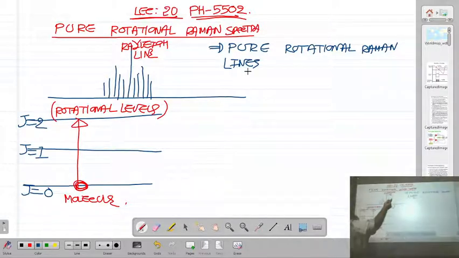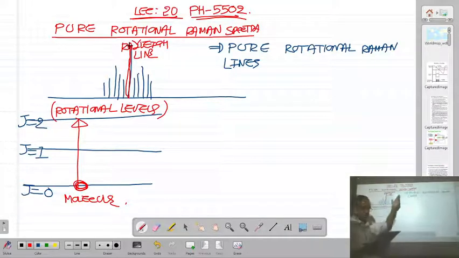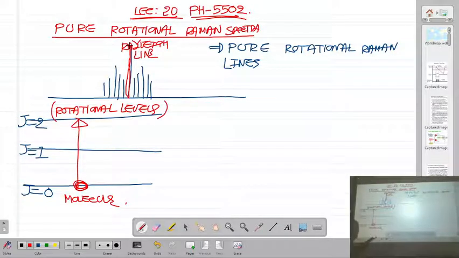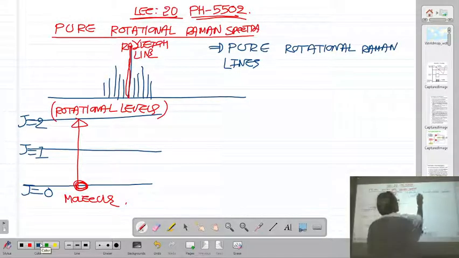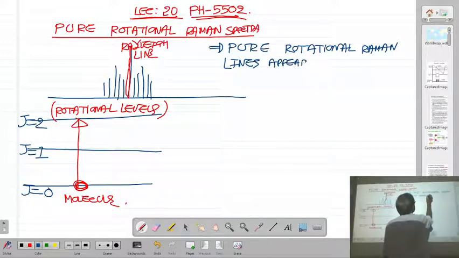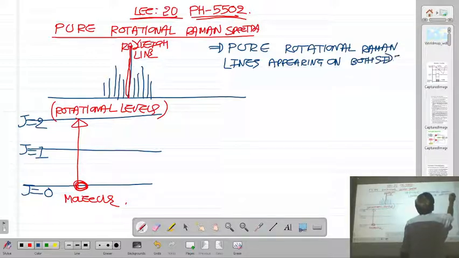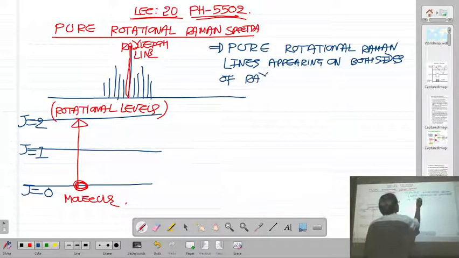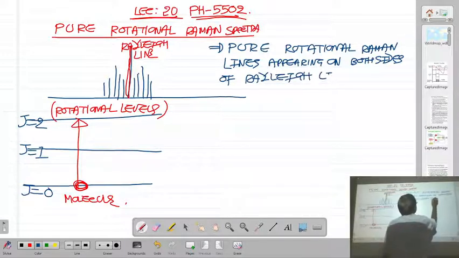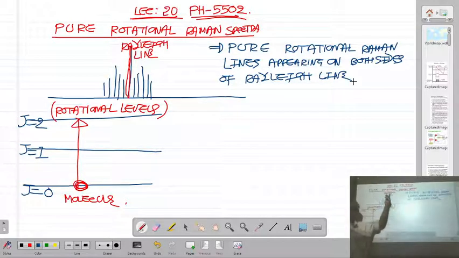I have shown rotational Raman lines on the right hand side and left hand side of the Rayleigh line, so on both sides of the Rayleigh line. The pure rotational Raman lines appearing on both sides of the Rayleigh line, that is, the right hand side and left hand side of the Rayleigh line.